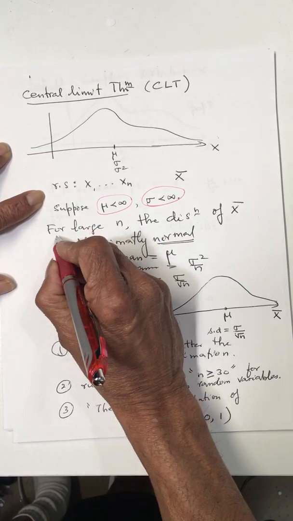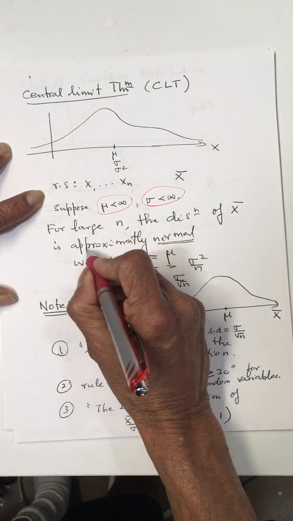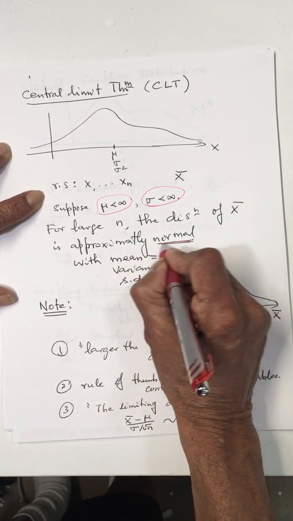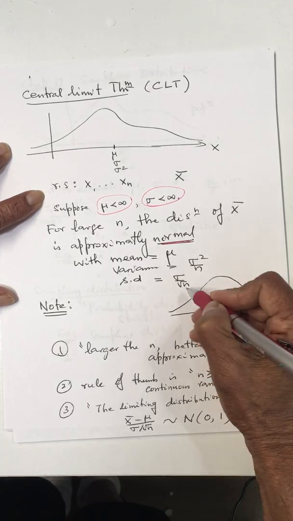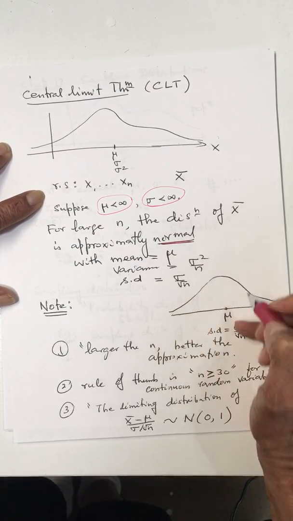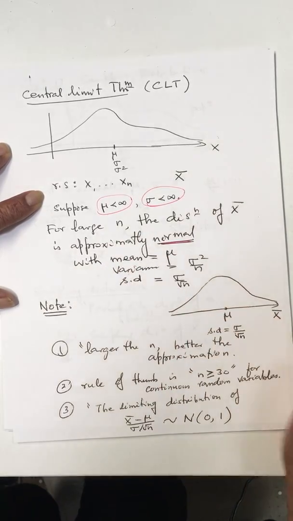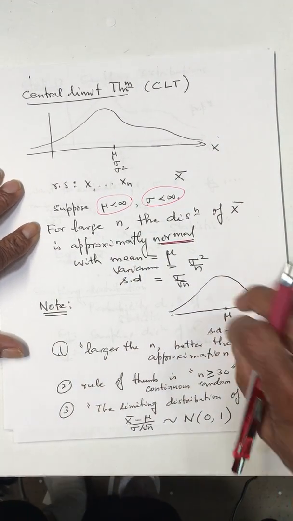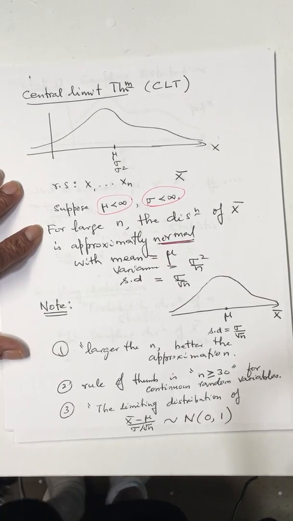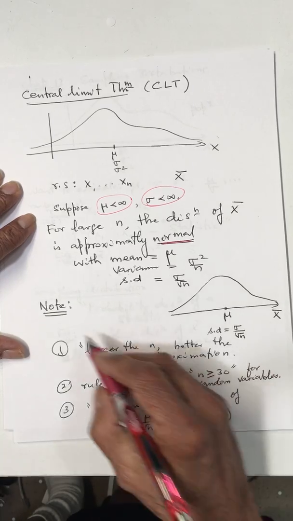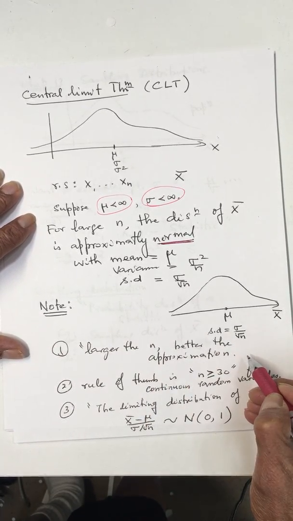So for large n, the distribution of x bar is approximately normal with mean mu and variance sigma squared over n, or standard deviation sigma over the square root of n. Not only that, for large n, this is normal. So if you are dealing with a large n, you can use the normal tables to figure out probabilities. Note 1: the larger the n, the better the approximation.